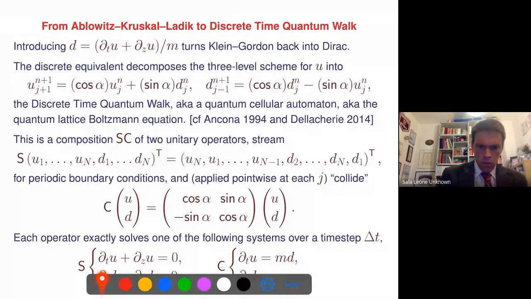That's this thing, also known as the quantum cellular automata, and also the quantum lattice Boltzmann equation that Sarah and colleagues have studied. I should just mention that there are similar results by Hanna Connor and Dellar, who's one of our hosts when you were in Paris a few years back, doing the same thing for the real Du Fort-Frankel scheme to real D1Q2 lattice Boltzmann.